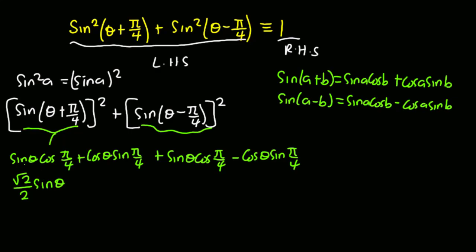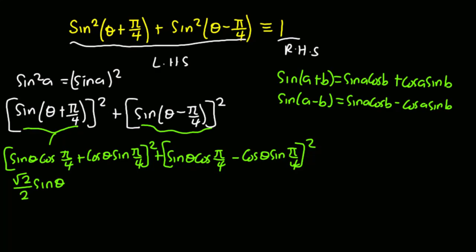But before I proceed, lest I forget, this whole thing is squared, because the expansion you have here is only the one in the parenthesis. So I forgot to bring the squared. And this is also squared.